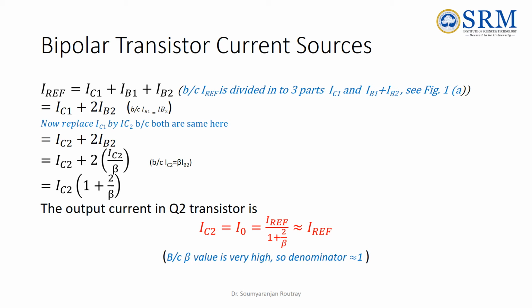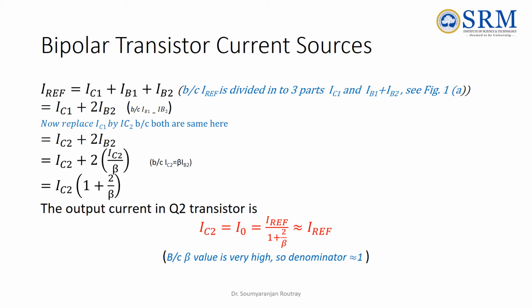Now, we are slowly moving from the Q1 transistor towards transistor 2. So we have started the derivation from I reference with all the current having transistor 1 and transistor 2, and slowly we are moving towards transistor 2.